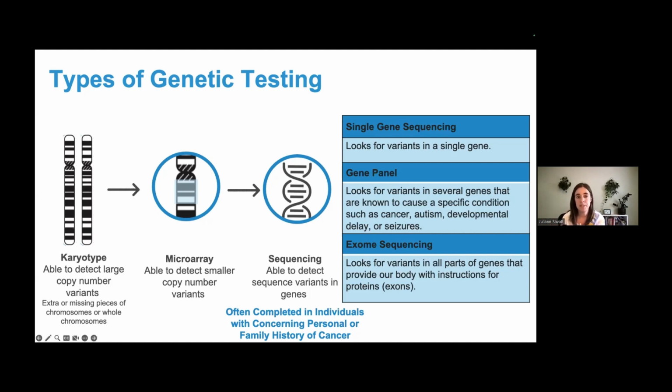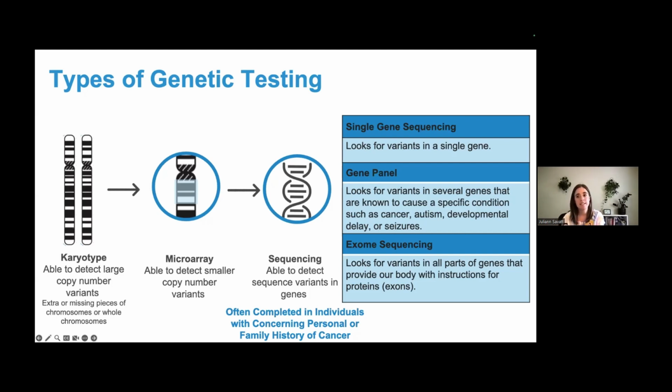Our ability to detect genetic changes through these types of genetic testing has really improved over the past few decades. It wasn't that long ago where all we could really do was a karyotype, but now we are able to sequence all of the letters in someone's DNA sequence through genome sequencing.